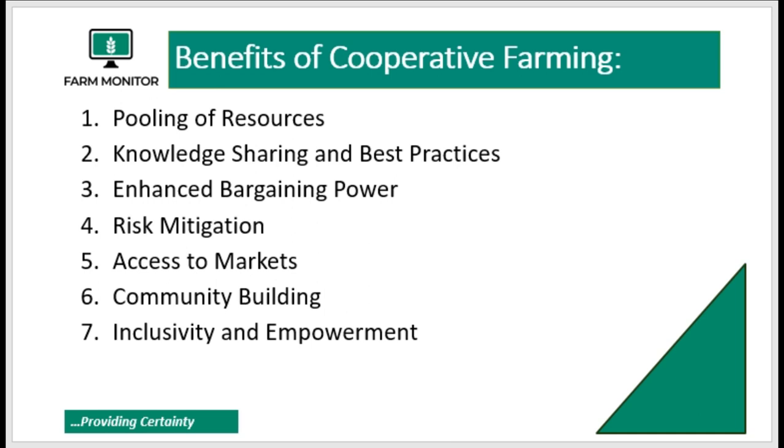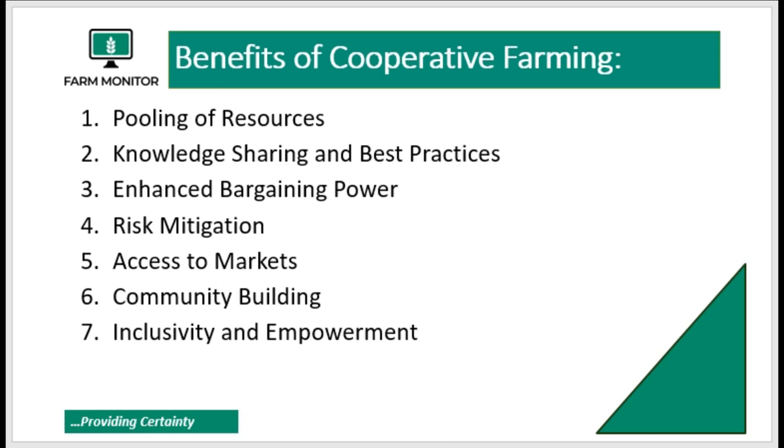Members can collectively invest in expensive assets such as machinery, irrigation systems, storage facilities, and the likes. This way the financial burden is not on one person, and it allows them to access better tools and resources, having pooled their resources together.